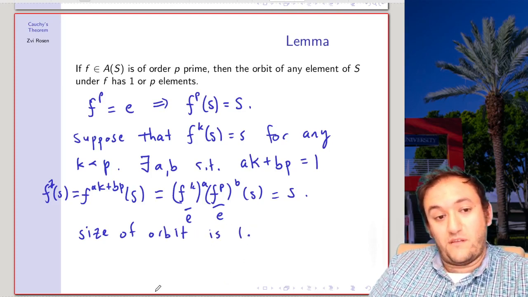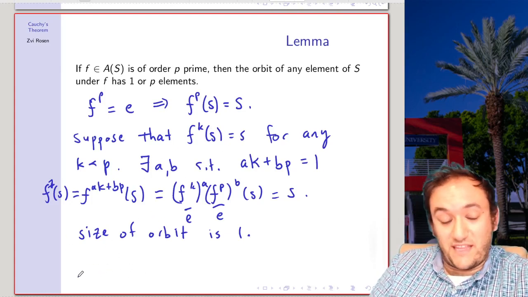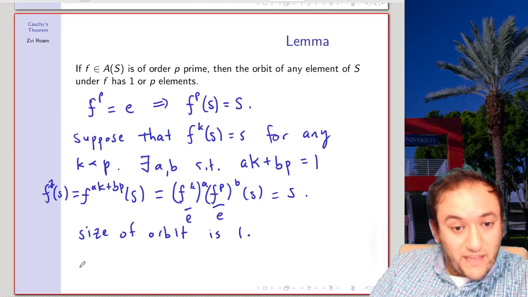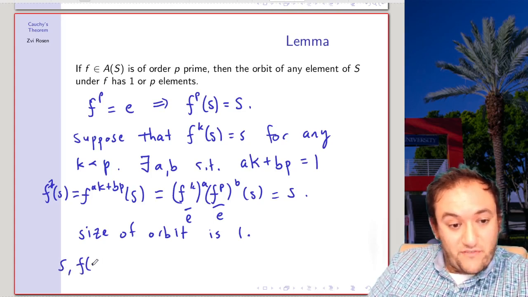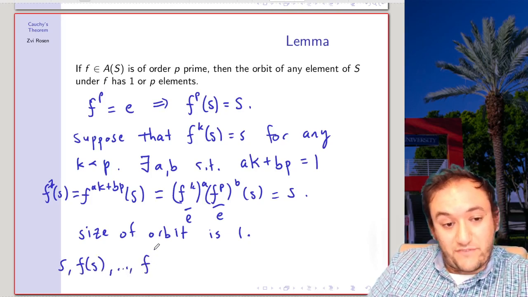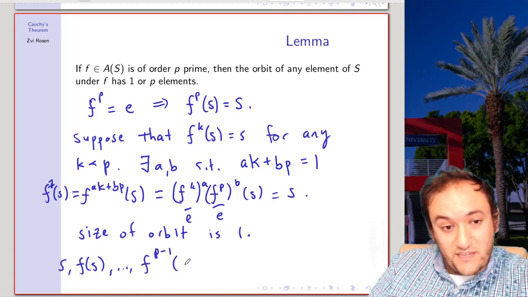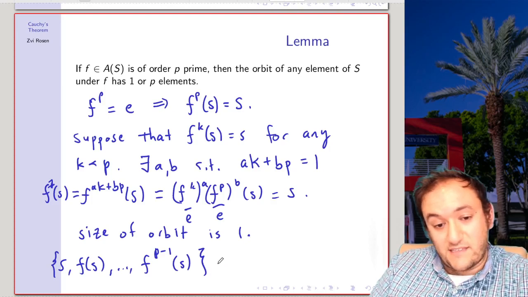Okay? And if f to the k of s is not equal to s for any k less than p, then we have the following elements: s, f of s, etc., up to f to the p minus 1 of s. And this obviously has size p.